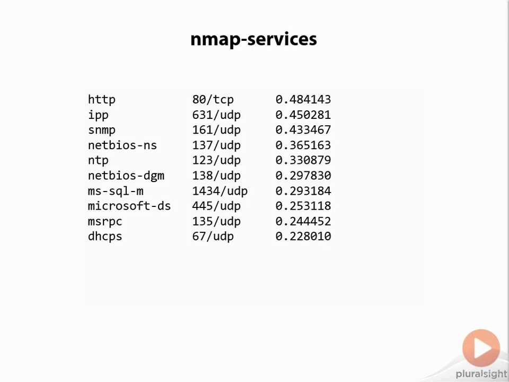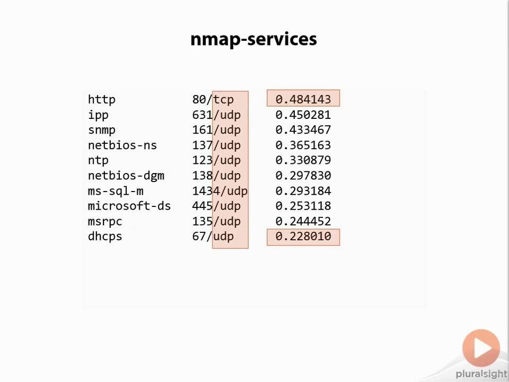As you can see from this sorted excerpt from the nmap-services file, the highest frequency listed is 0.48 for HTTP. Furthermore, the frequency values fall off dramatically to less than half that for the 10th most frequently used service, DHCPS. It should also be noted that most of these high-frequency services are UDP-based, with the only TCP service being HTTP at number 1.